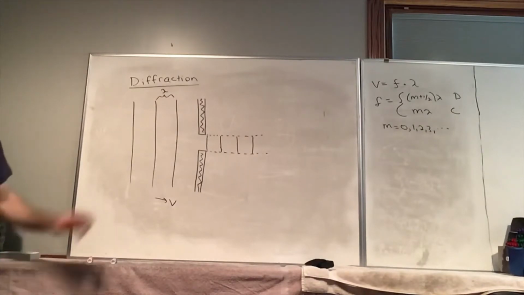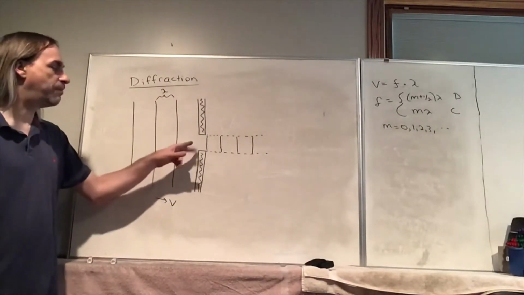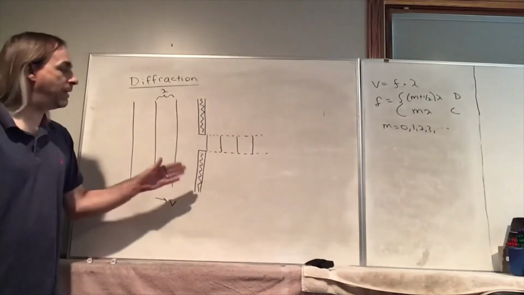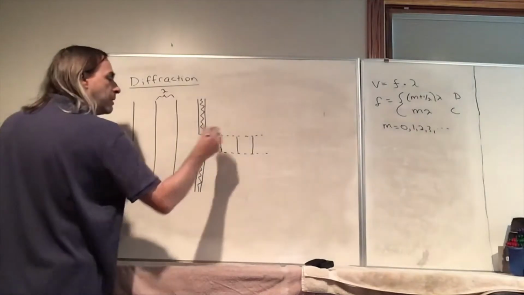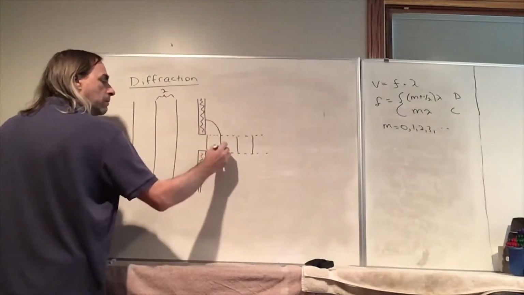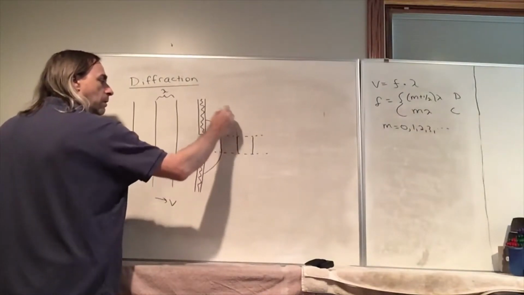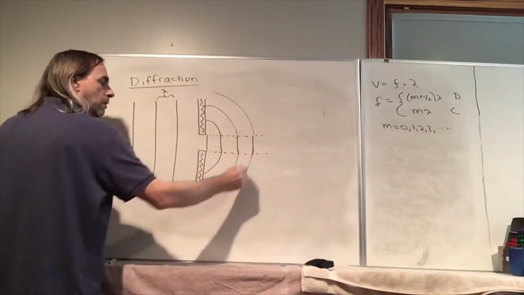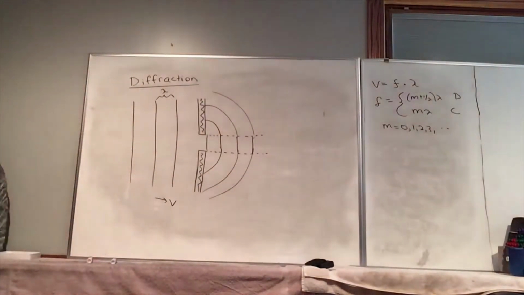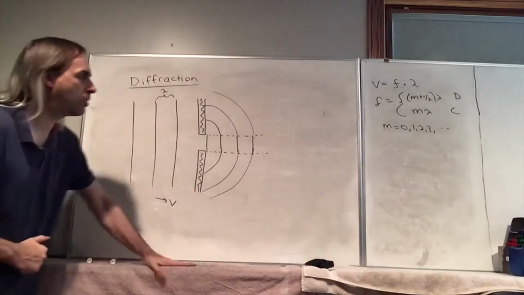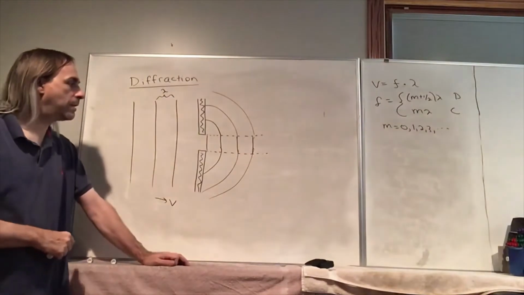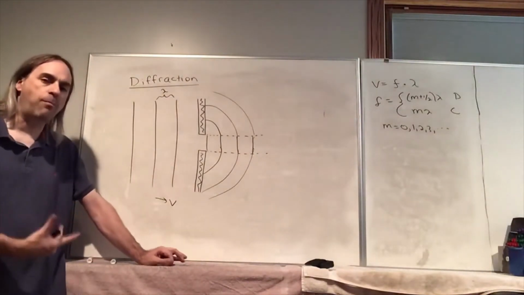What happens is when these waves pass through this barrier, they do start out like this because they have to. But then when they move outwards, they spread out. And this is a fundamental property of waves that you don't see with particle behavior.